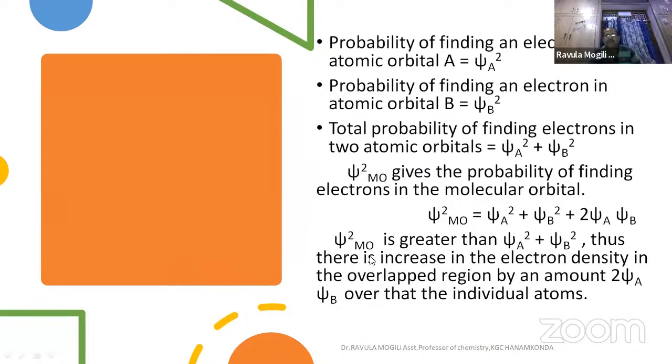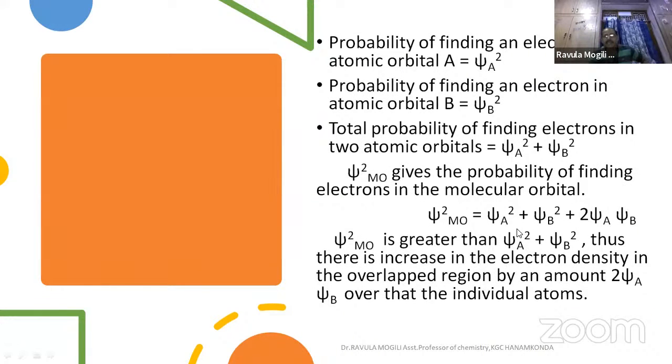Next, psi square of the molecular orbital is greater than psi A square plus psi B square. So for the molecular orbital, the electron density is comparatively more than in the atomic orbital. How much more density, sir? The 2 psi A psi B term is the extra density compared with psi A square and psi B square.